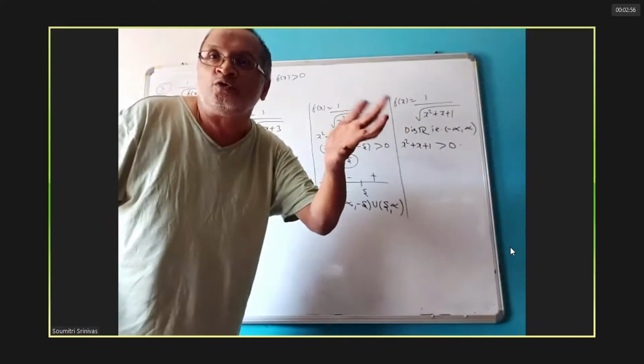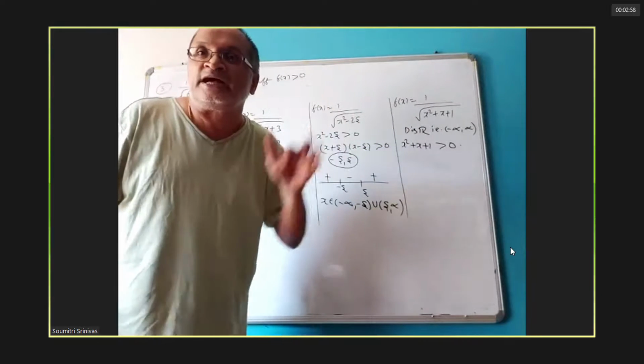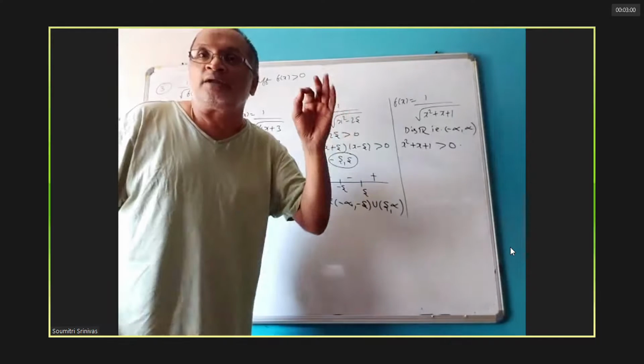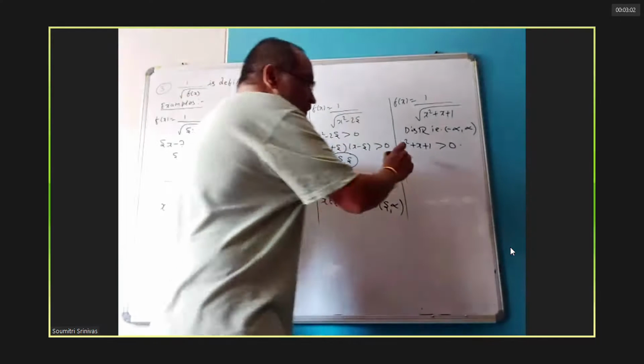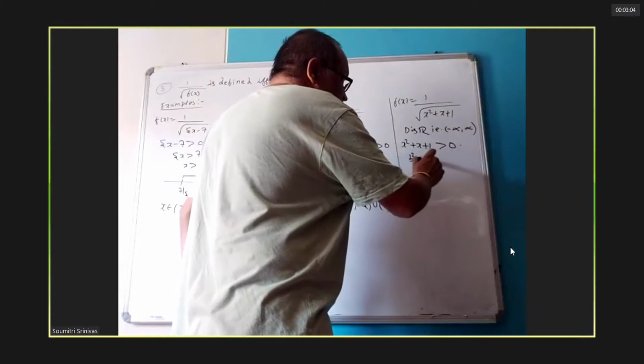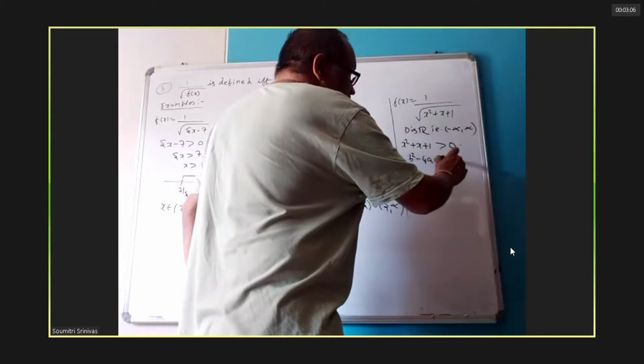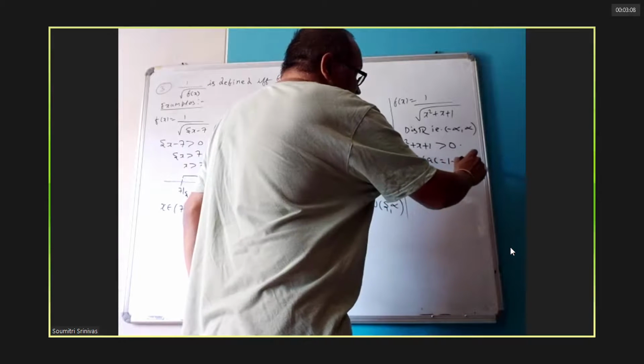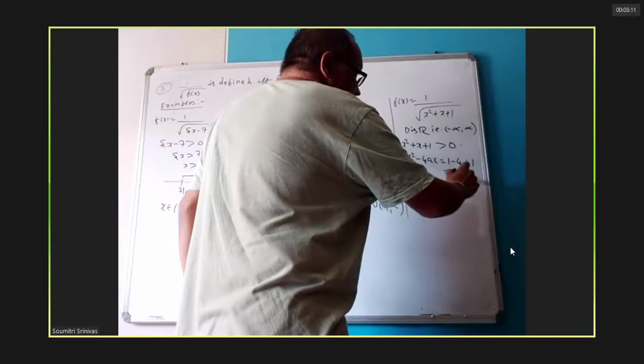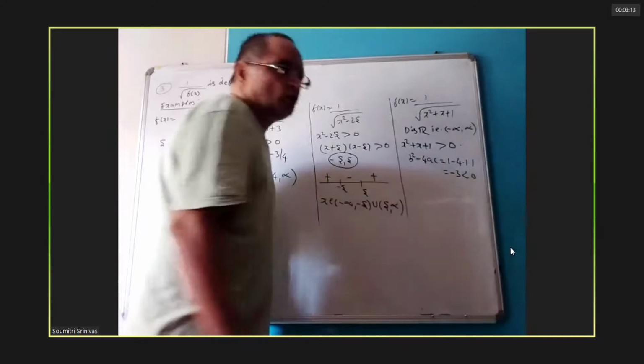No. Then what do we check? b square minus 4ac. What is its b square minus 4ac? This is less than 0.